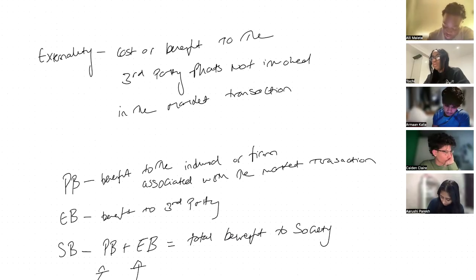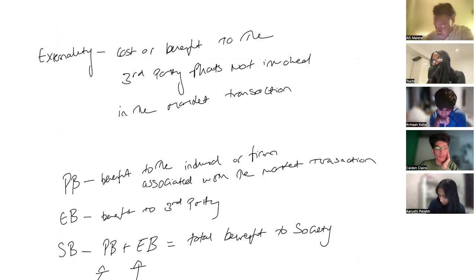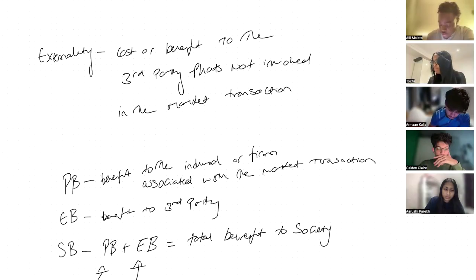So normally in a functioning market, we've got price and we've got quantity. In a normal functioning market, what would happen is that we are at equilibrium. So at equilibrium, we have the price and we've got the quantity, right? And these show us the social optimum.